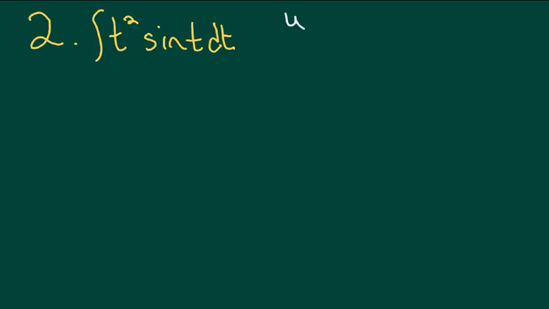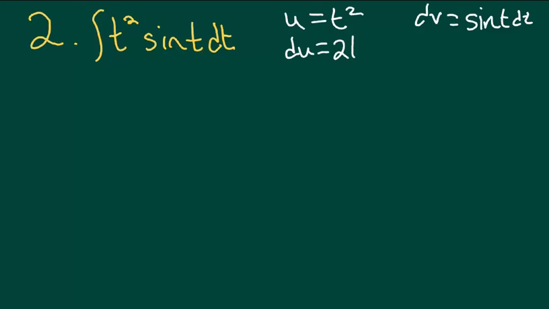So u is equal to t squared, and dv is equal to the sine of t dt. du is equal to 2t dt, and v equals negative cosine of t.